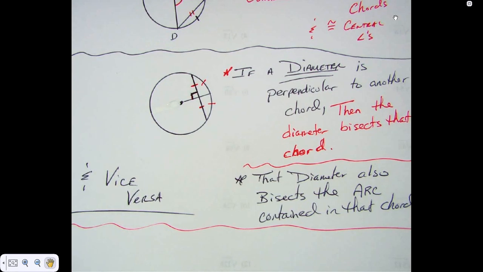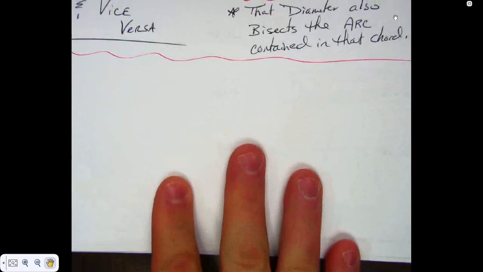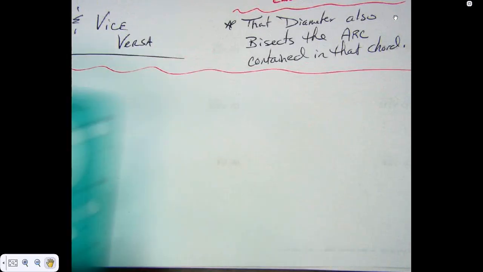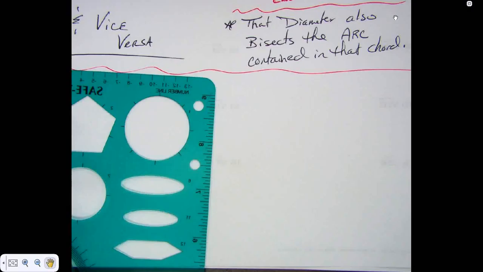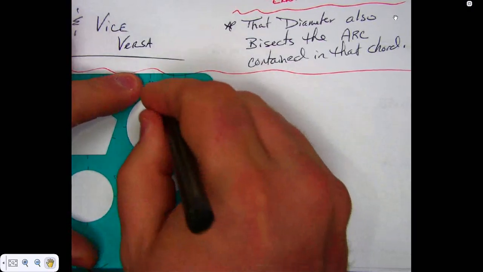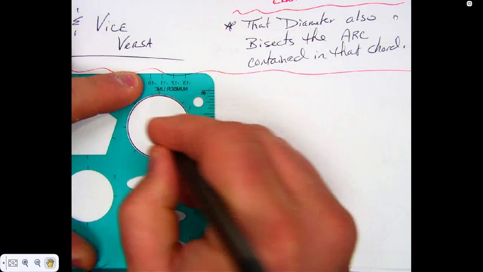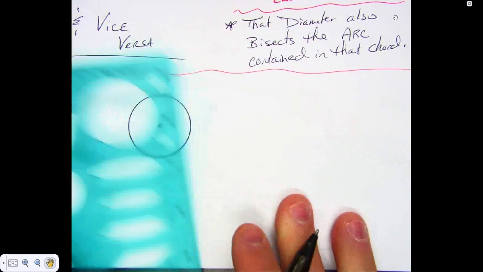Now, another one. Next concept. And what you're going to find, it's a lot about this chapter, is we're going to have a lot of theorems of things, situations you've never thought of. But it makes sense, and they happen because, let's face it, a circle is symmetric in every way.